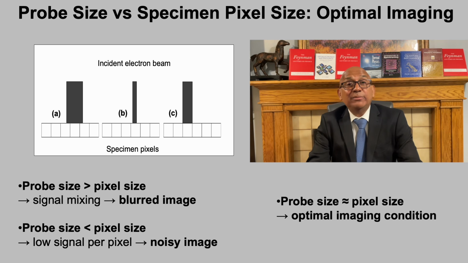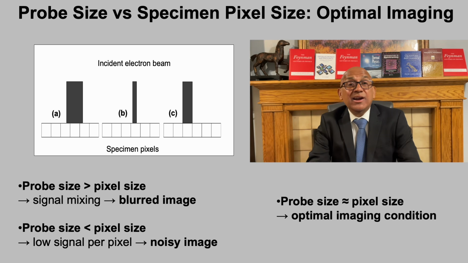The signal per pixel becomes weak and the image appears noisy, even though the probe itself is small. Optimal imaging occurs when the probe size and the specimen pixel size are comparable. In this case, the beam interrogates roughly one pixel at a time, maximizing both spatial fidelity and signal to noise ratio.